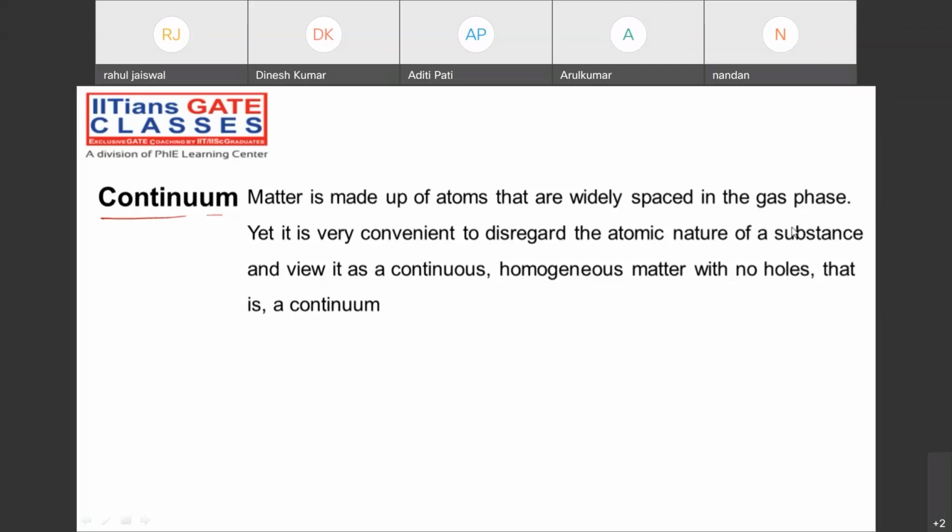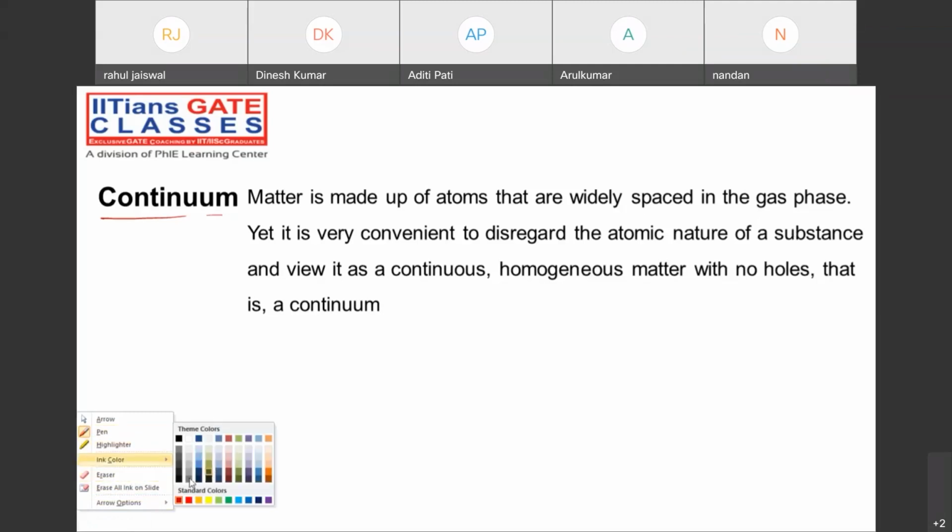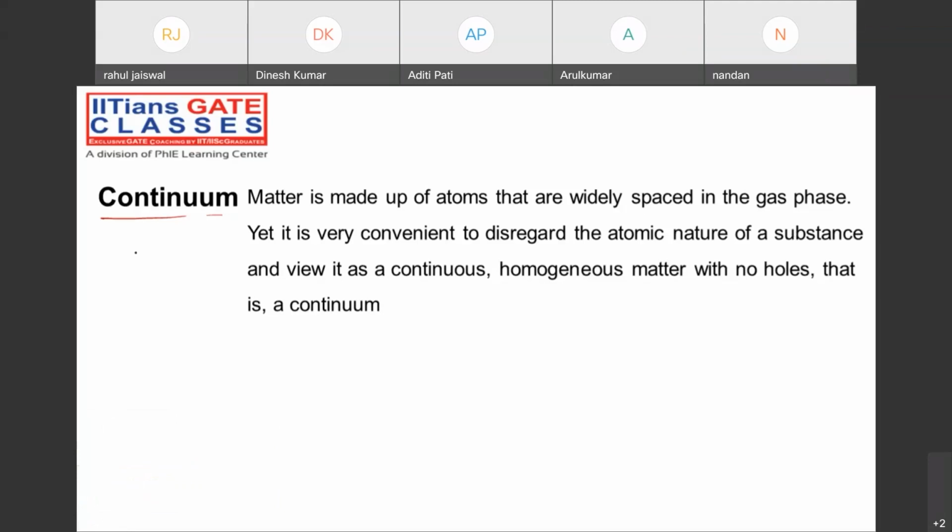That means we are treating this as continuous matter. But what is the significance of these assumptions? Of course, whatever we are discussing is just an assumption. That is not the actual thing.